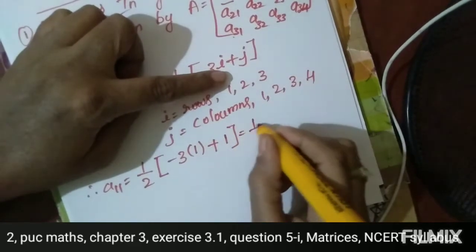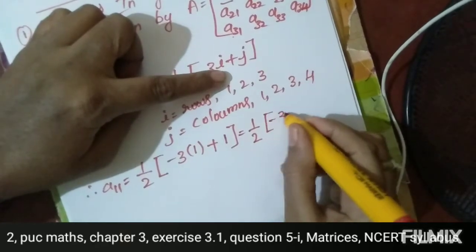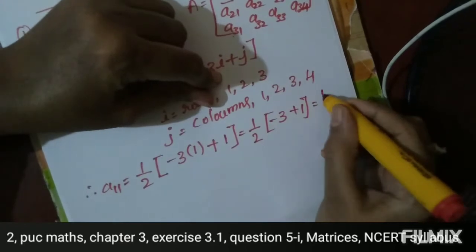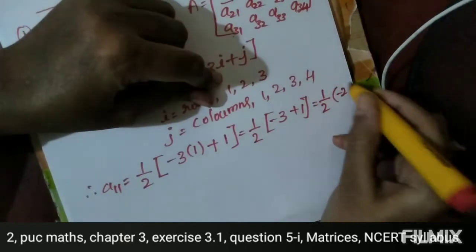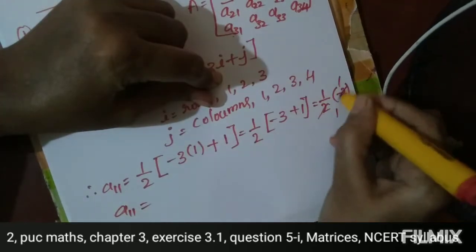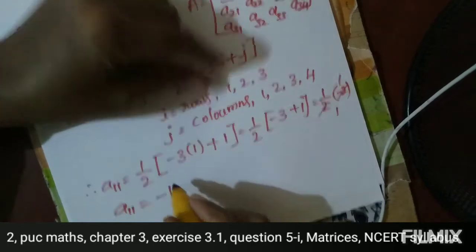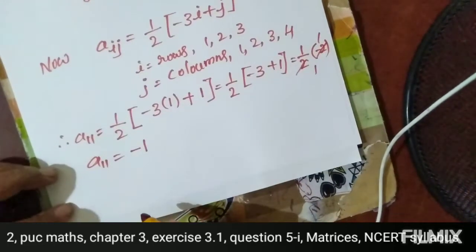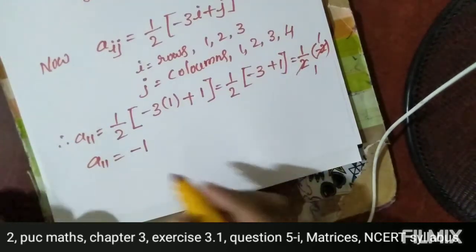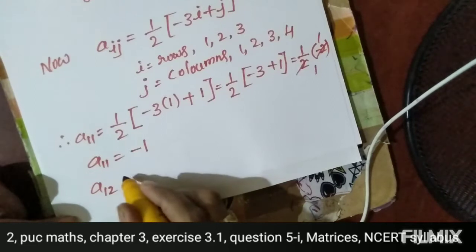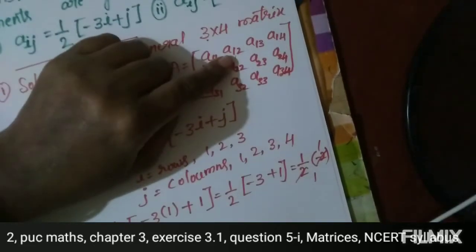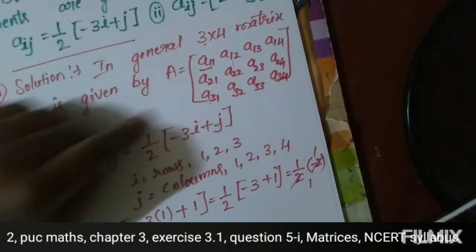Then 1/2 |−3 + 1| = 1/2 |−2|, and one-half of 2 is 1. Then this is minus 1. And then A12, we take A12.